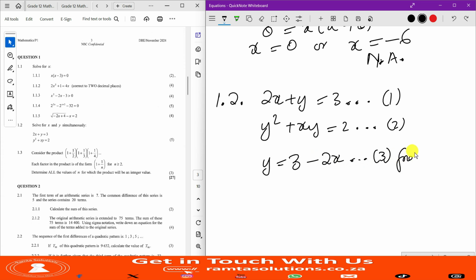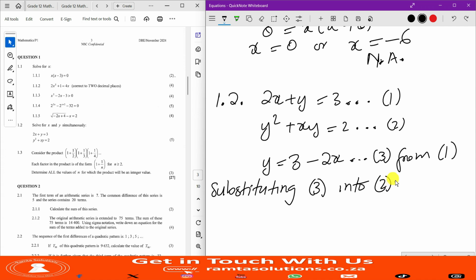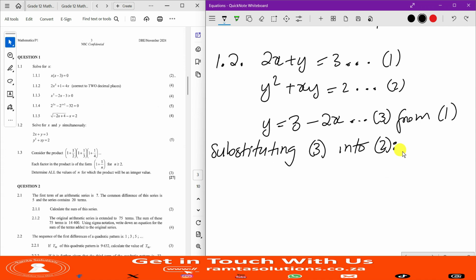We'll say it is equation 3. I like saying equation 3 from equation 1. Then for those that are struggling to solve simultaneously, I will write this instruction: substituting equation 3 into the equation that you didn't use, which is equation 2. So on equation 2, where there is y, you will place 3 minus 2x.